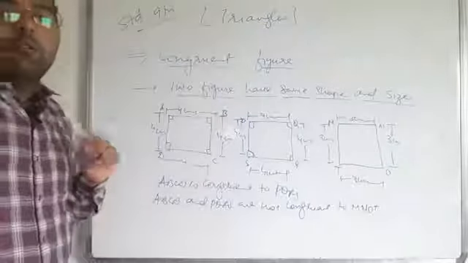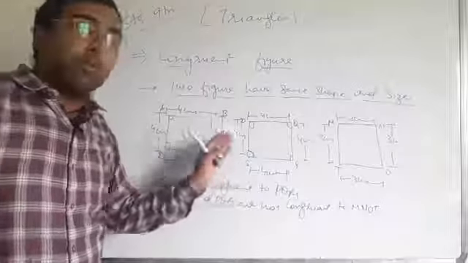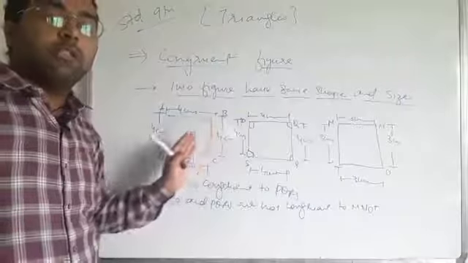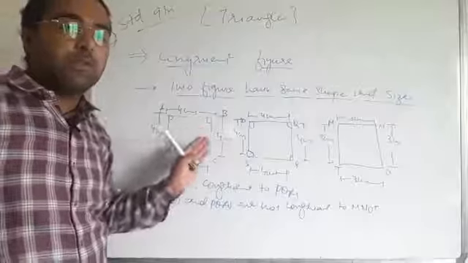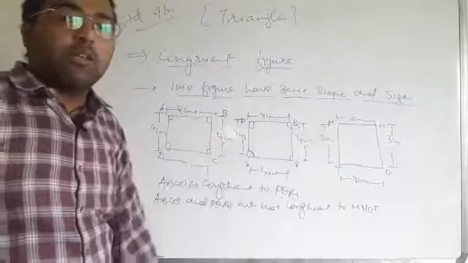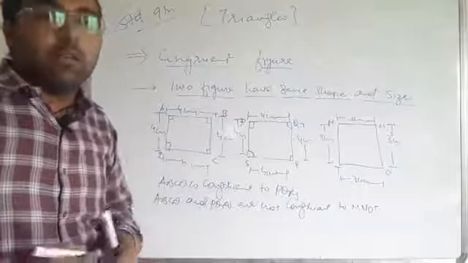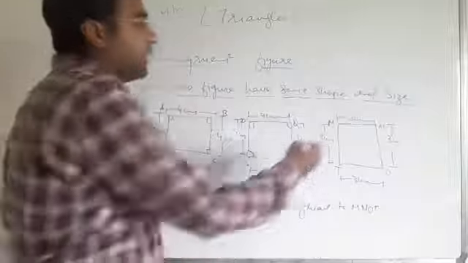ABCD and PQRS are not congruent to MNOT because each side of these two squares is 4 centimeters, but in MNOT each side is 3 centimeters. They are different.